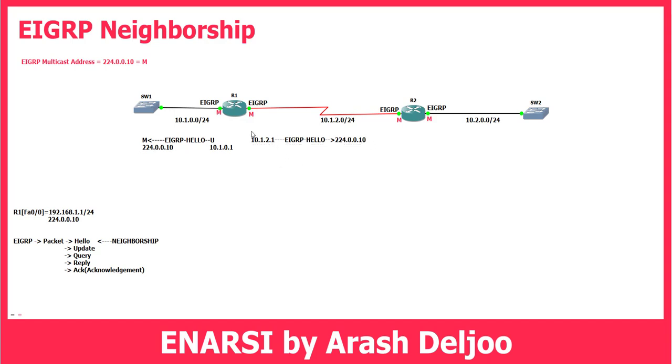Now, as you can see, R1 is sending the EIGRP hello on both interfaces, and R2 should also send the EIGRP hello on this interface. The source is 10.1.2.2, the destination is 224.0.0.10, and on this interface, let me show you, the source IP is 10.2.0.2 to the destination 224.0.0.10.